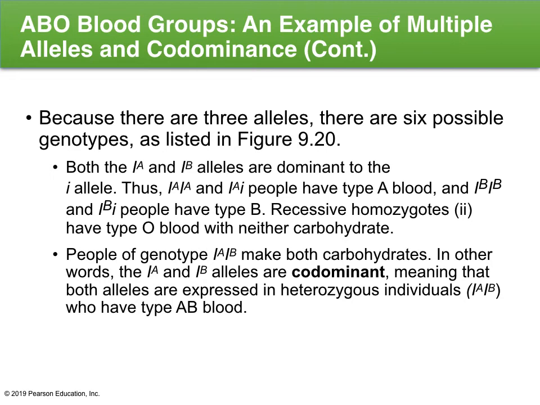And the people who have this genotype of big I superscript A, big I superscript B, they make both carbohydrates. So it's not one or the other or something in between, it's both. And that means that the A and B alleles are codominant. So both alleles get expressed in the individuals who have type AB blood.